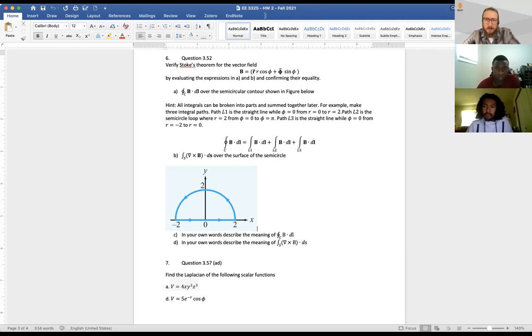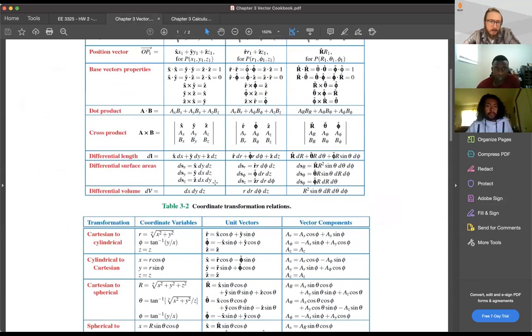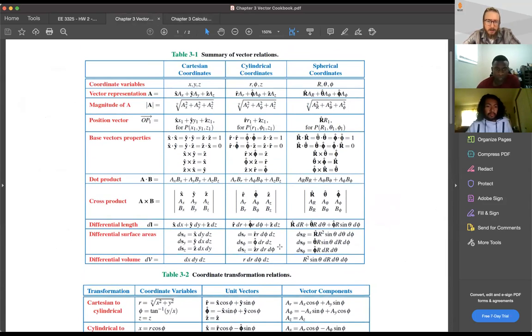So to find DL, use this. When you're in cylindrical coordinates, this is probably going to be the easiest one. This is the one you want to use: choose your DL off of this. So this would be your DL.